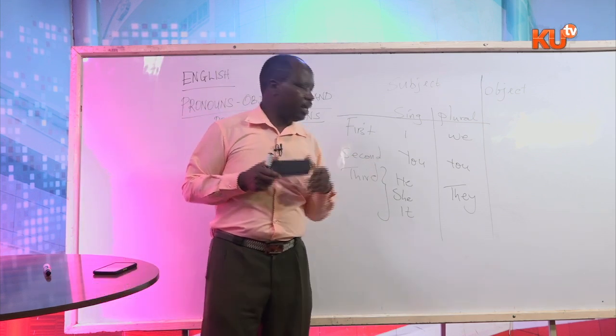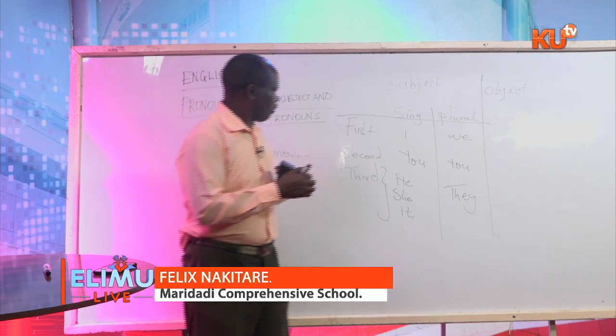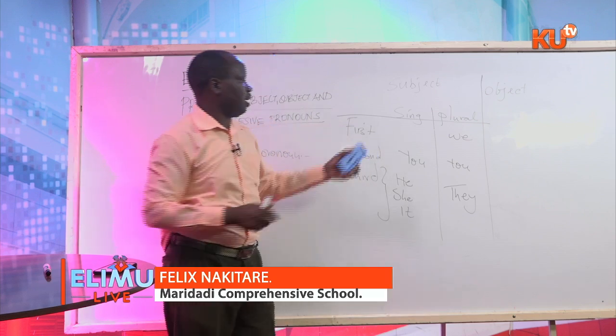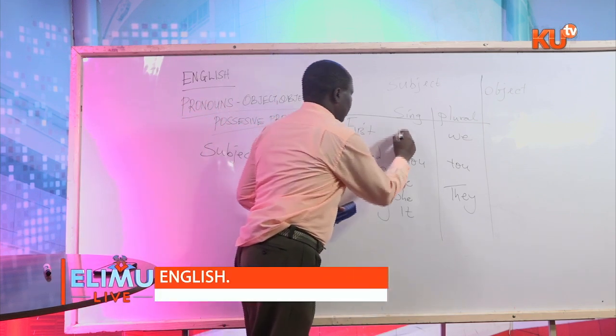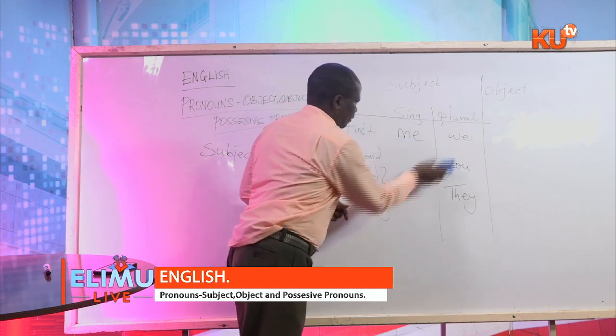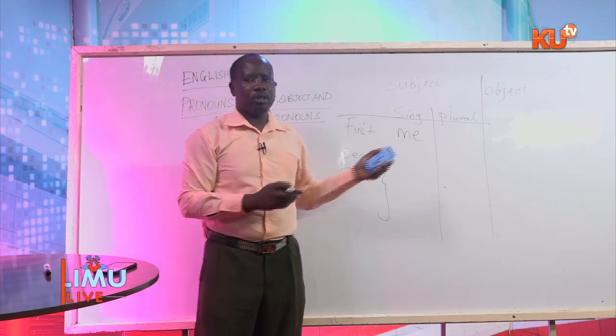And I'm talking to somebody else. Give that book to me. Therefore, under first person here, object pronoun will now become me. Give that book to me.